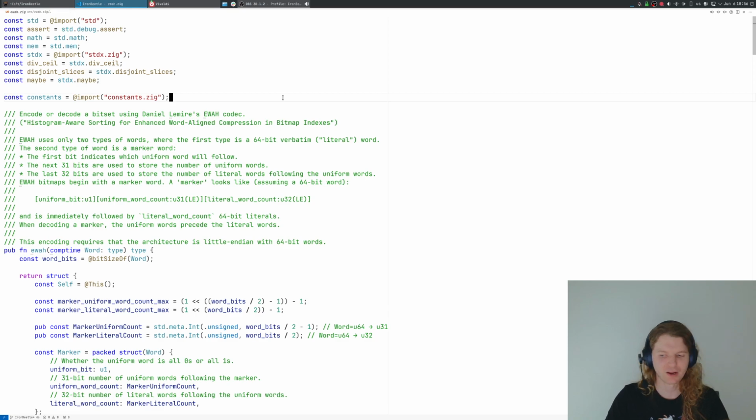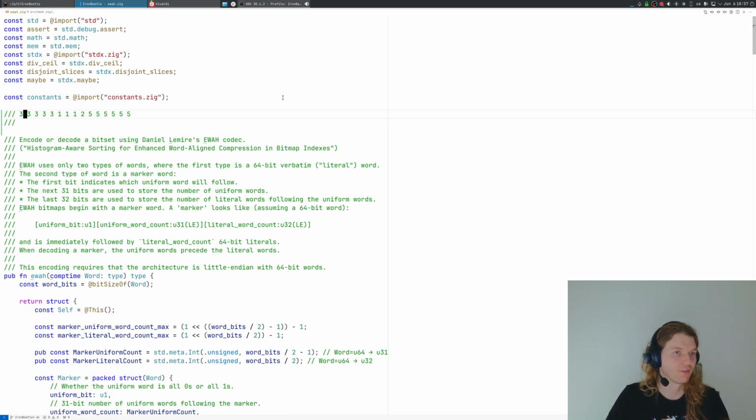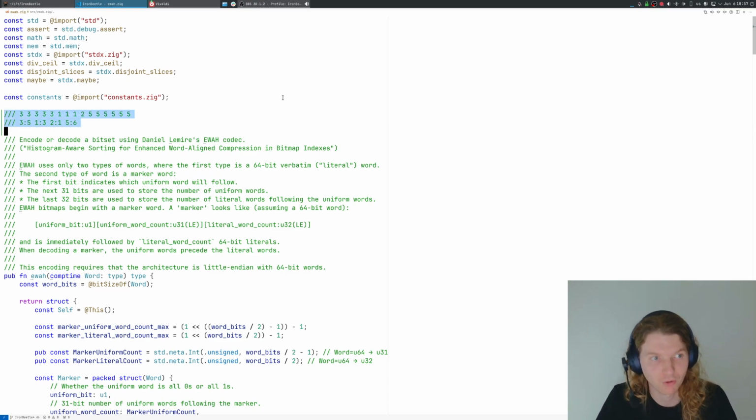If you don't know, run length encoding is the idea that if you have data like 3, 3, 3, 3, 3, then 1, 1, 1, then 2, and then 5, 5, 5, 5, 5, 5, so you have data with a lot of repeats, you can store this by saying: we have 3, which repeats 5 times, then 1, which repeats 3 times, then 2, which repeats 1 time, and then 5, which repeats 6 times. This is run length encoding.